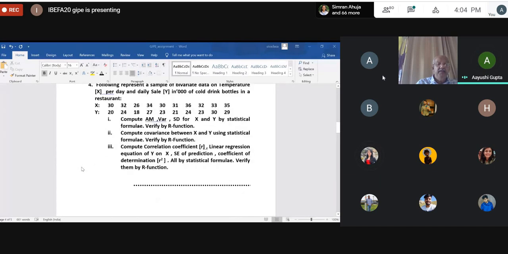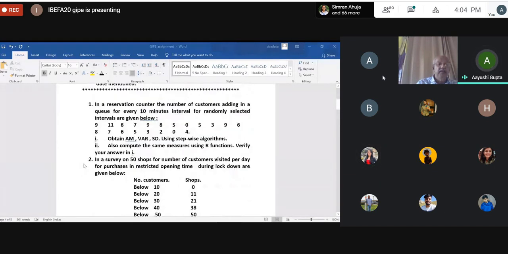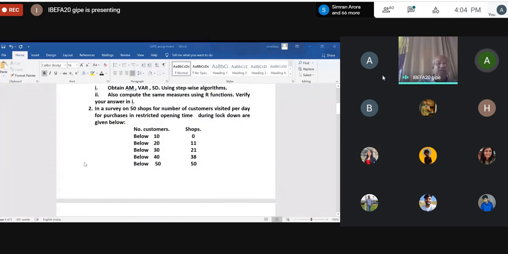Sir, in the second question of the assignment... Yes, I am sharing my screen. You got the screen. In question 2, you have been given less than cumulative frequency data. You have to convert that into a frequency distribution and compute again the arithmetic mean, variance and standard deviation. Is that clear? Yes, sir.